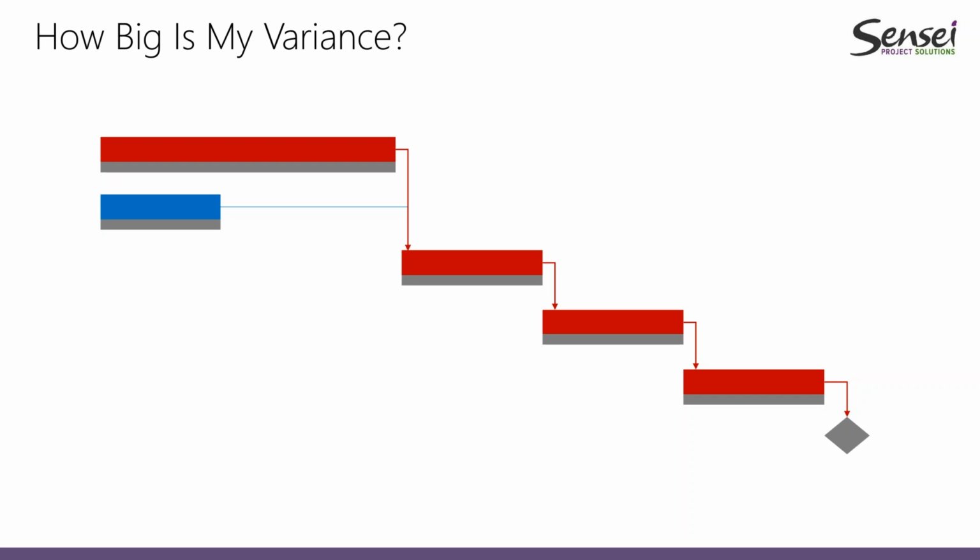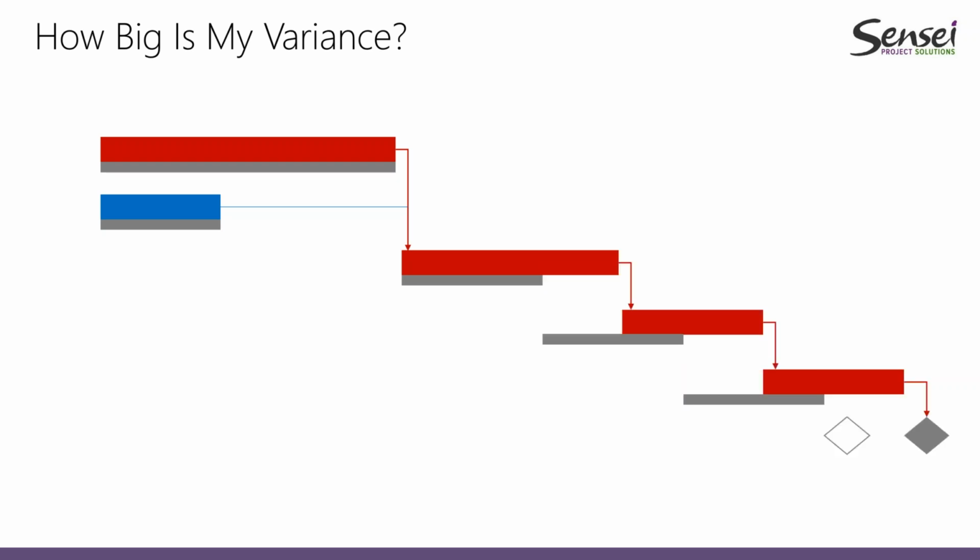The baseline is a picture that determines what we defined as the planned dates and the planned duration. It can also involve costs and work, so everything should be placed within the baseline. However, as our project starts and progresses, we may have some differences.